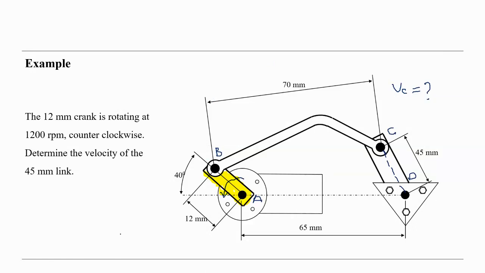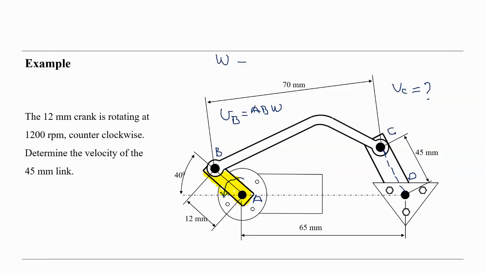As we discussed in previous lessons, we can easily calculate the speed of VB. So VB is equal to AB times omega, and omega is given already.